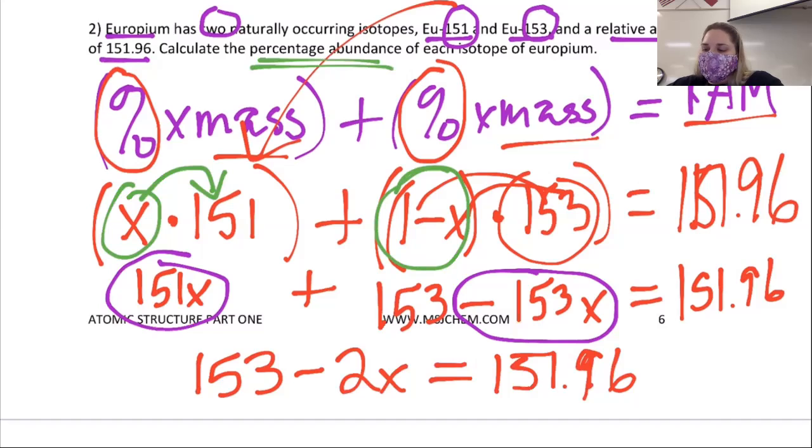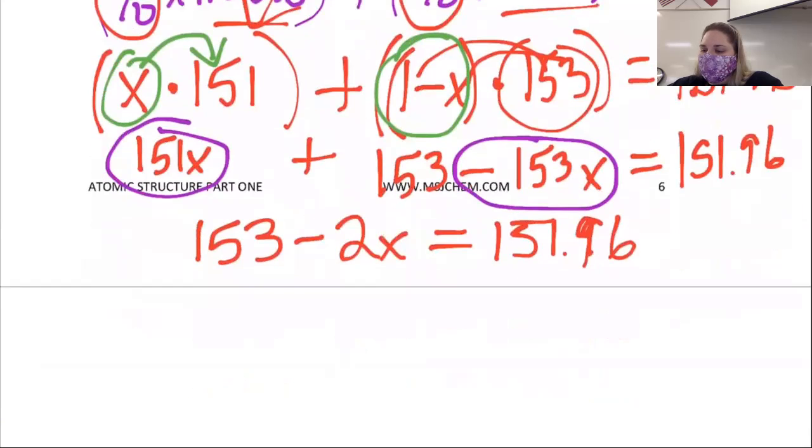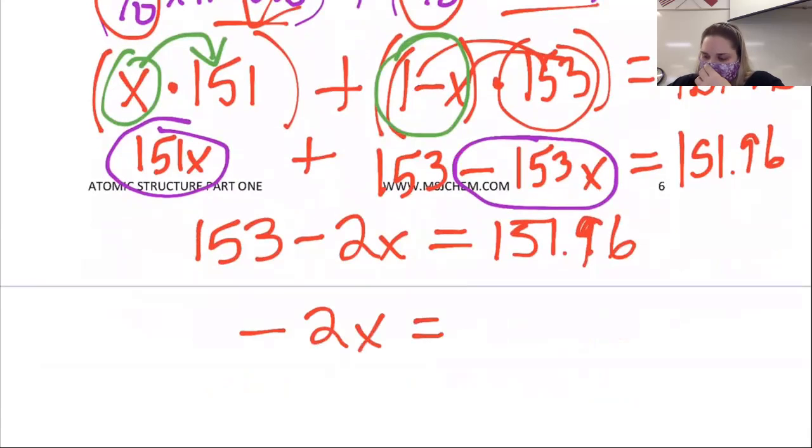So if we keep working this out, I get negative 2x equals, what's that going to be? 151.96 minus 153, negative 1 point something. 151.96 minus 153, so negative 1.04.